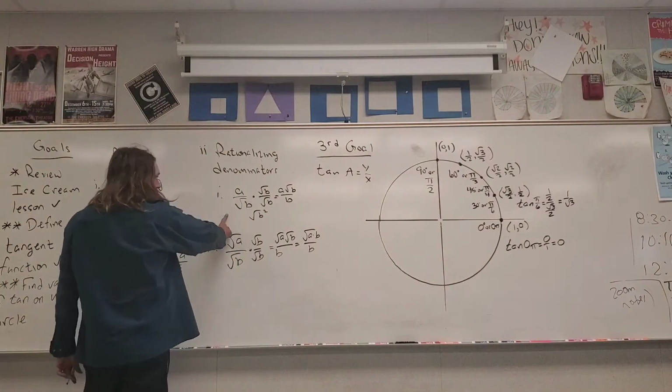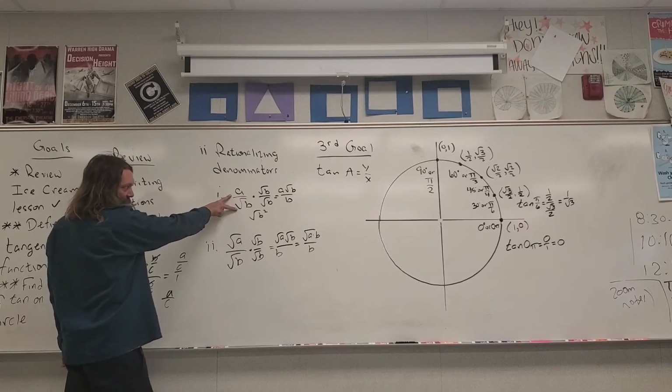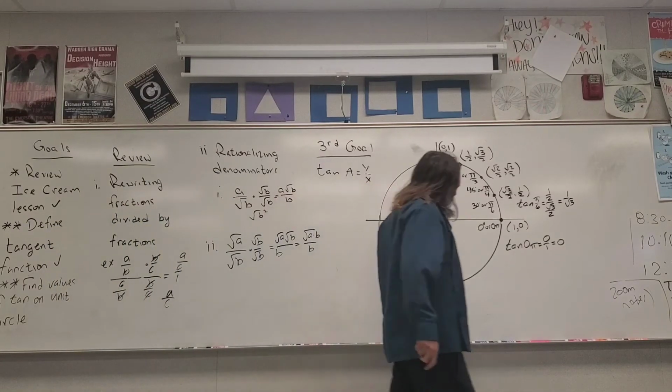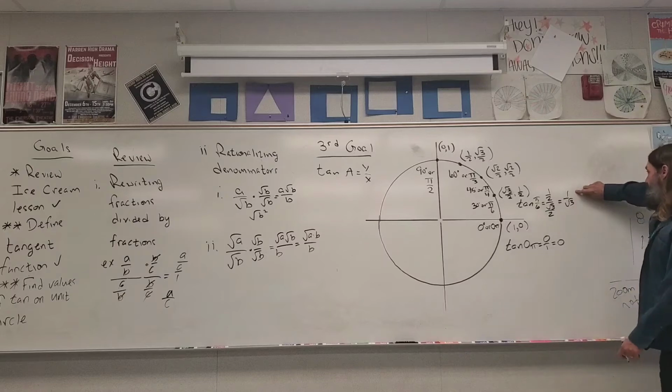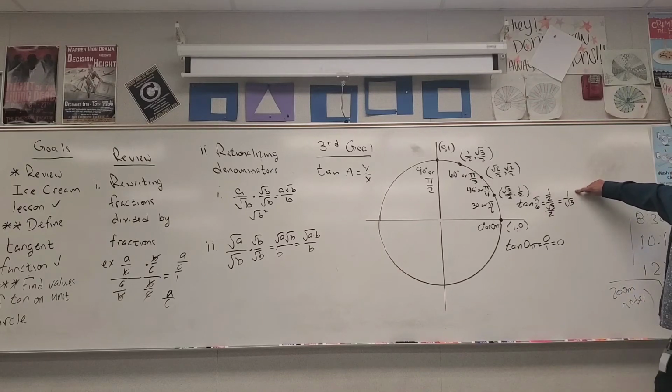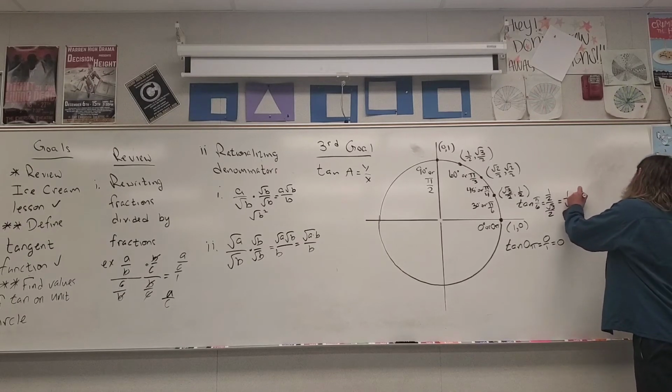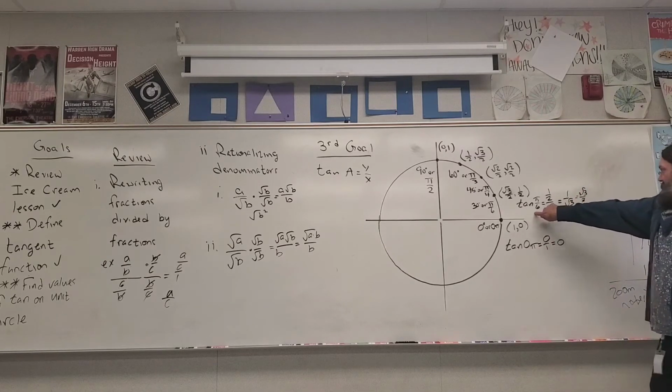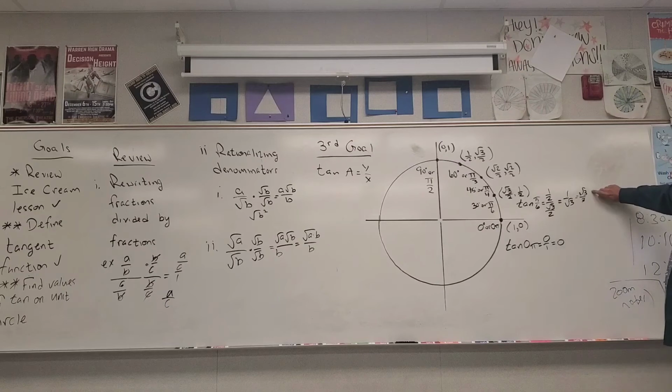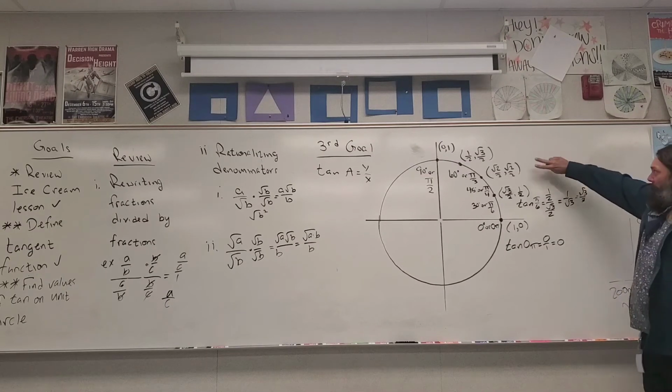And now I'm here, so that means I can take these numbers and plug them in like this, and I get square root of 3 times 1, which is square root of 3, over 3. So the tangent of pi over 6, or the tangent of 30 degrees, is square root of 3 over 3.